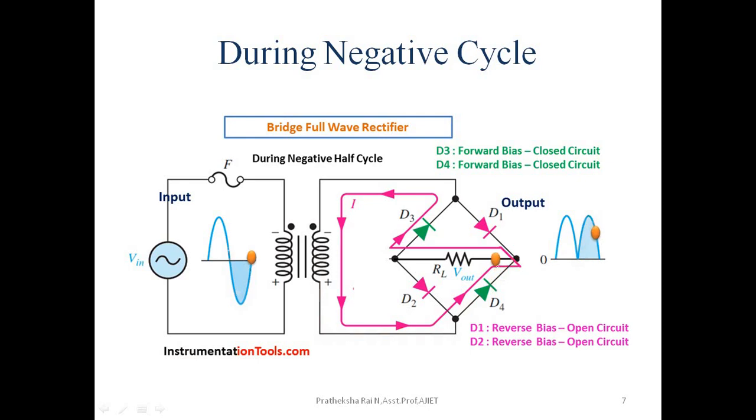See the direction of the current across the load, it is using the same path as the positive half cycle. The output current will be the same as what we got for the positive half cycle, the same output for the negative half cycle, because the direction of the current across the load is the same.